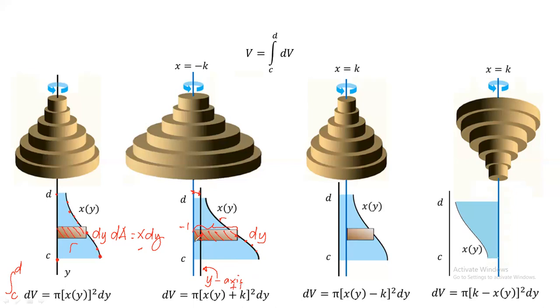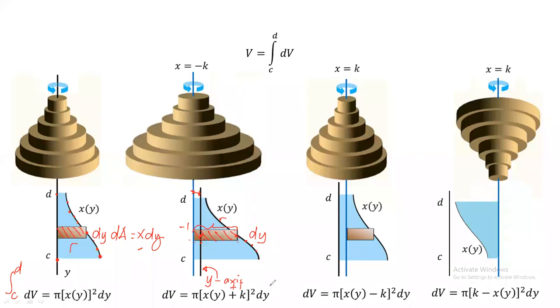Why? Because you're going to add 1 fixed constant unit to this function of y or the x of y. Because now the entire sum represents the radius of this differential element that you will rotate not on the y-axis but on the line x is equal to negative k. So that's the reason why you have here pi, the quantity x of y plus k, that quantity squared, then multiplied by dy.